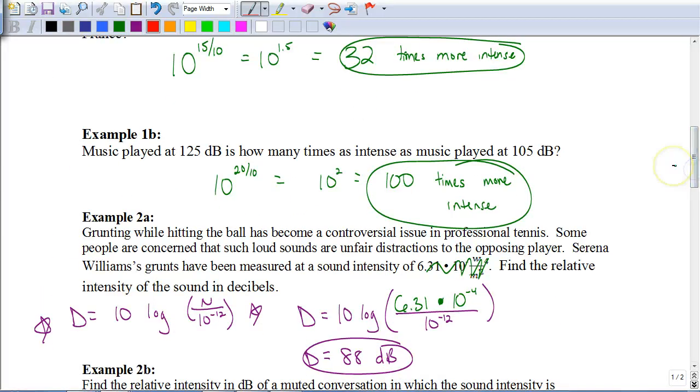And if you want to figure out how many times more intense it is, you would take the difference in the decibel levels, remember that's how we got 20 here, and divide that by 10. Then apply that exponent to our base 10, and that gives you how many times more intense one decibel level was than the other. So hopefully you understand that, and good luck on your assignment.